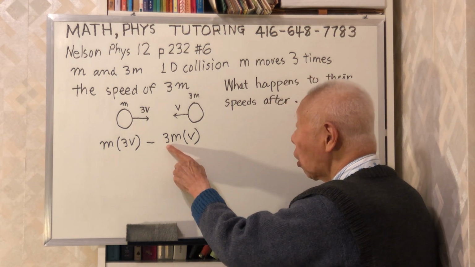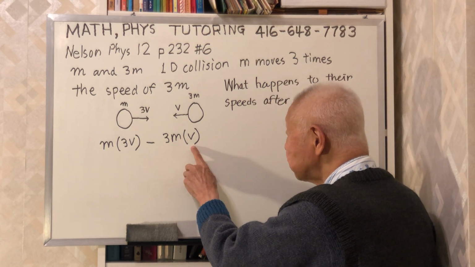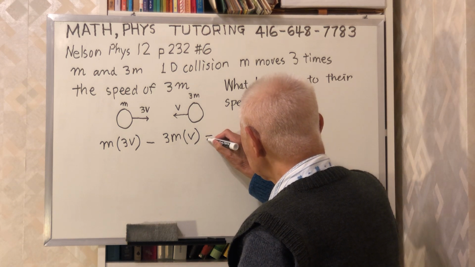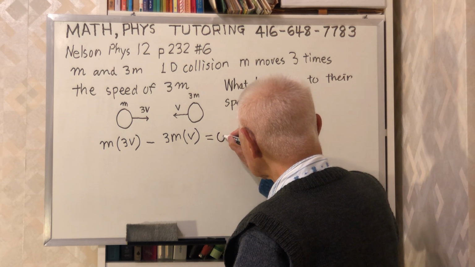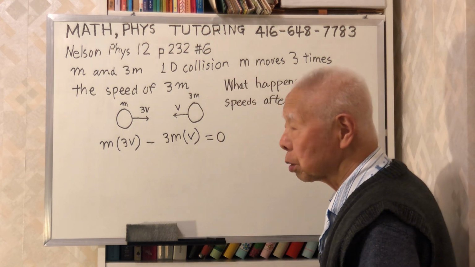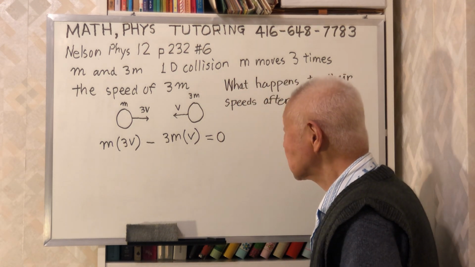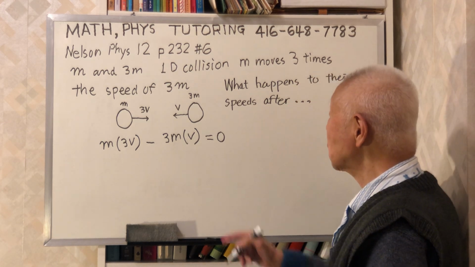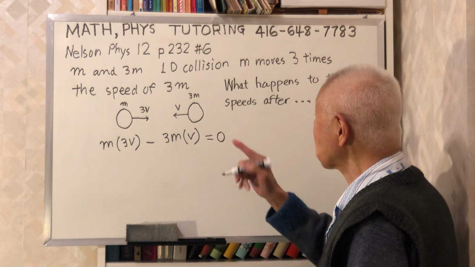This is also 3mv. Therefore, the total momentum is 0. Before collision, the total momentum is 0. So afterwards, I do not know the speed at all.